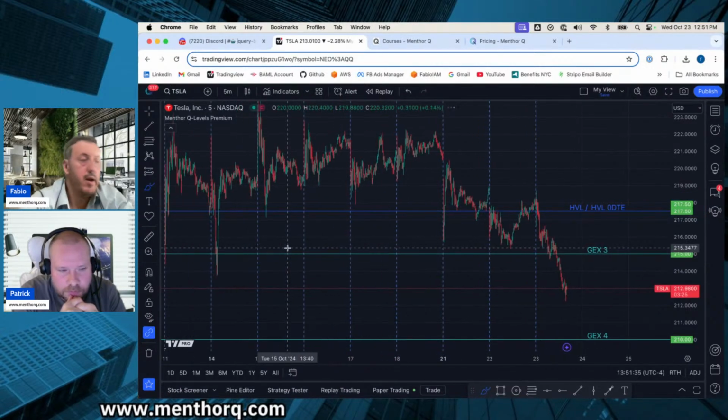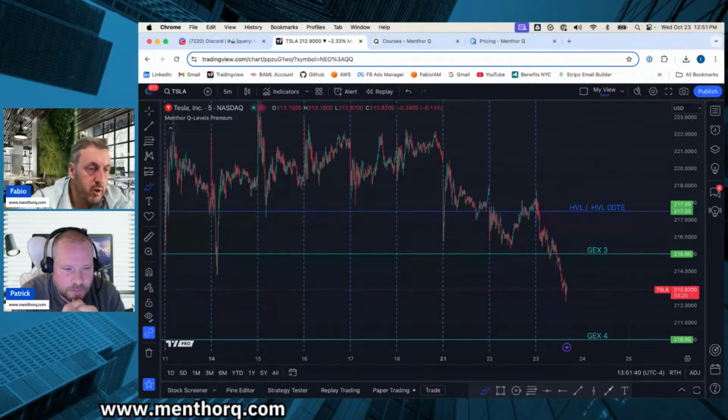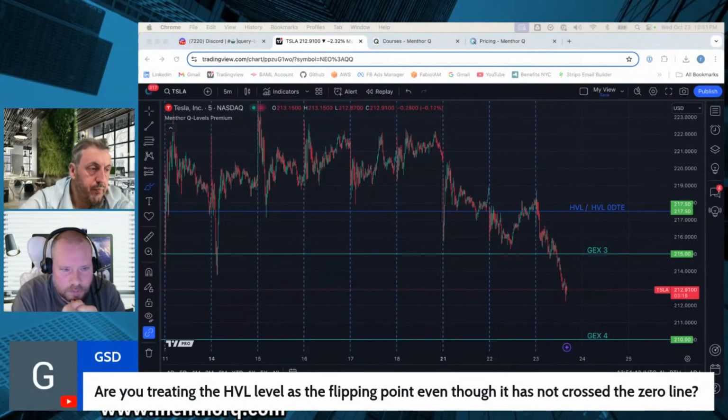Yeah, so those are a very good example. Let's see if we get some questions. Question from GSD: are you treating the high vol level as the flipping point, even though it has not crossed the zero line?